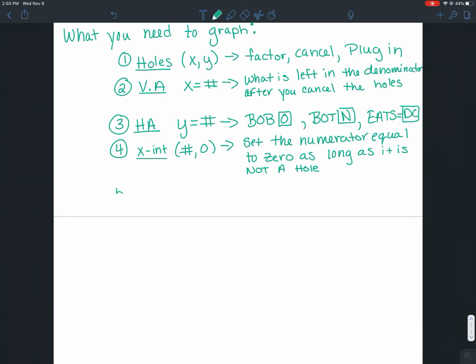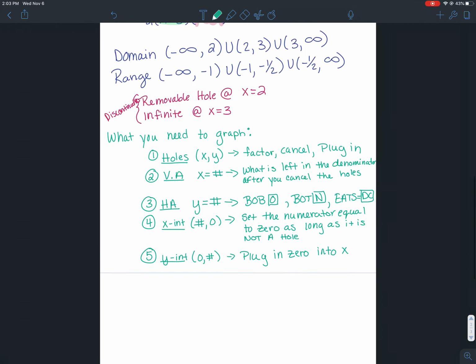Number 5. You need to know the y-intercept. And that is written as 0 comma a number. And all you have to do is plug in 0 into x. And you can plug it into the factored version or the original version.